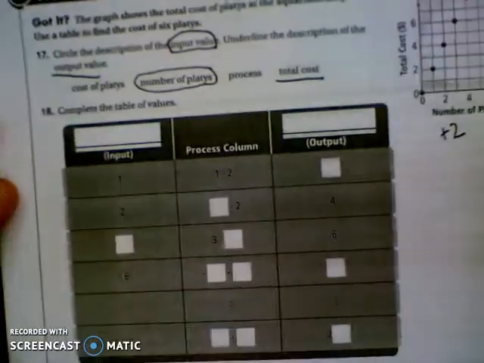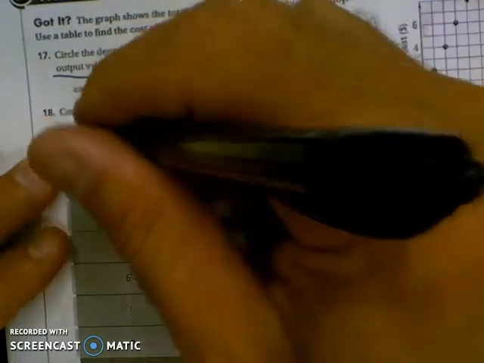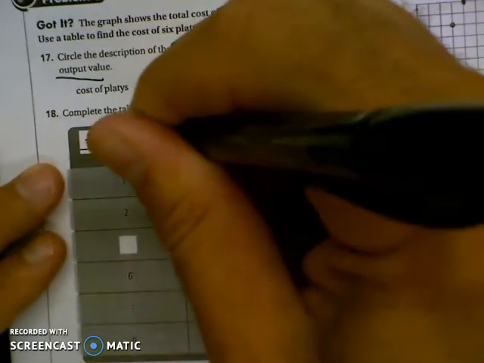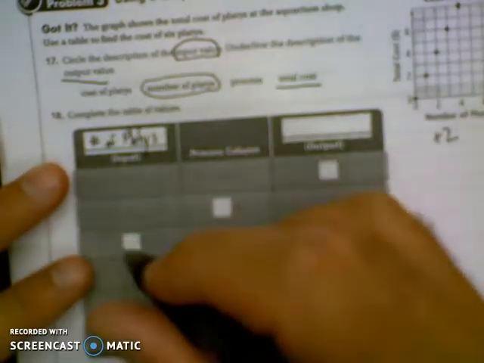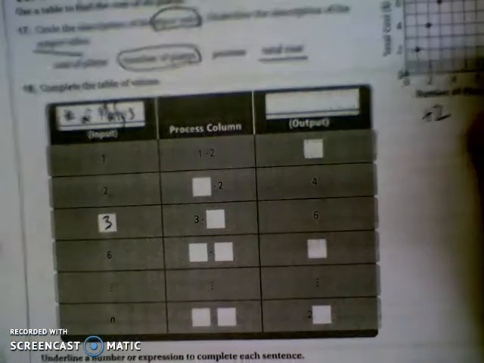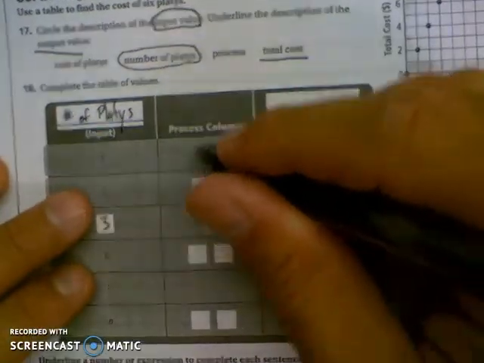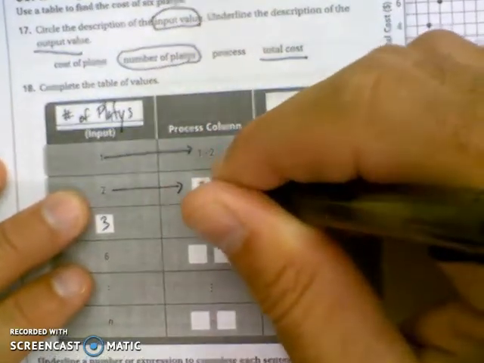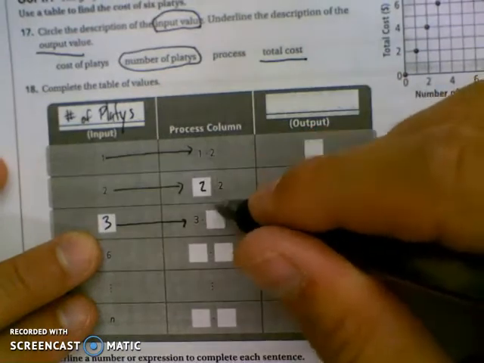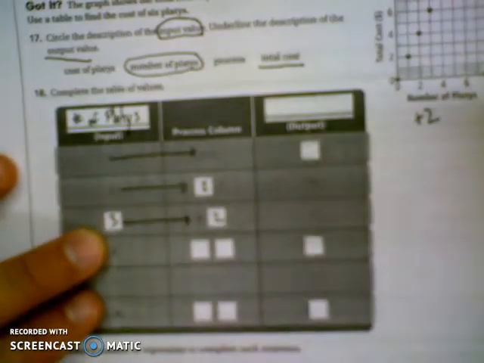So let's write that over here. What is the input? The number of plates. And we have 1, 2, 3 right there, right? And here it's 1, 2. You're going to put this 1 in here. Put this 2 in here. Put this 3. And that's why I know it's 3, because there's 3 there. And every time it's going to be $2. So this is going to be a 2 here, obviously.